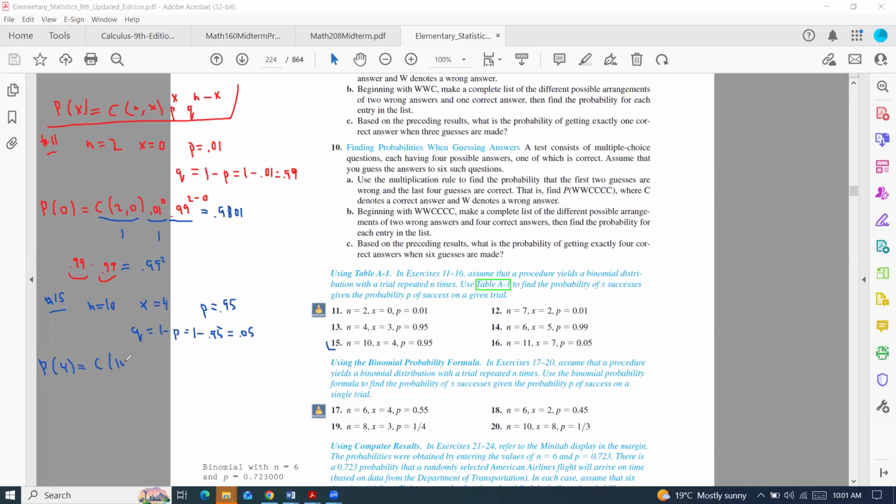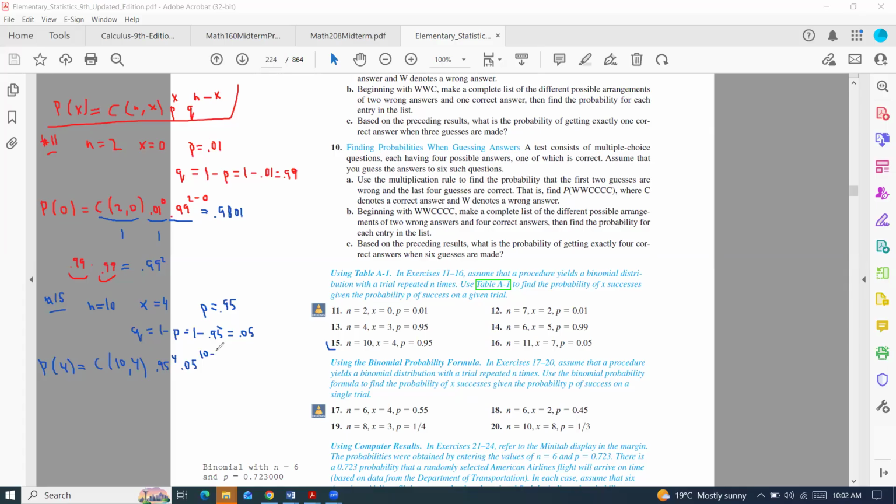So instead of n, I put 10. 4 successes, so my x, which appears in 3 places, here, here, and here, is going to be 4. So I go times 0.95 raised to the 4th power. And then 5%, 0.05 raised to the power of 10 minus 4.